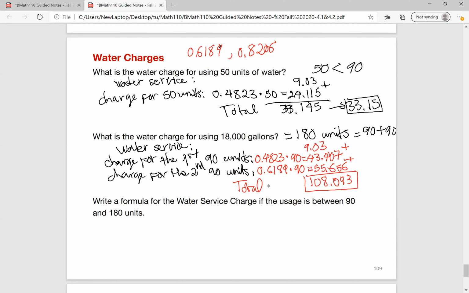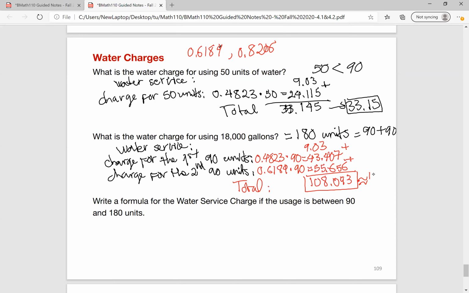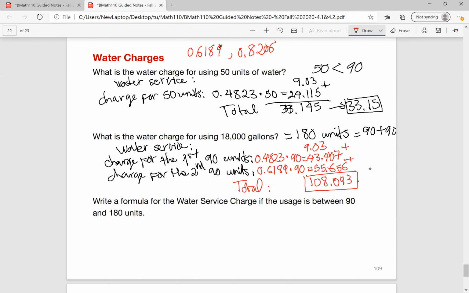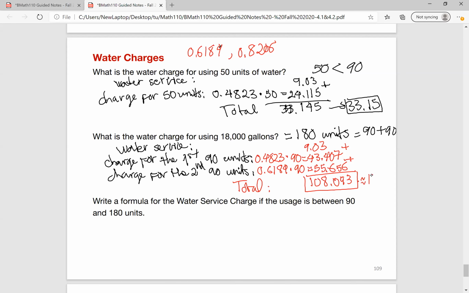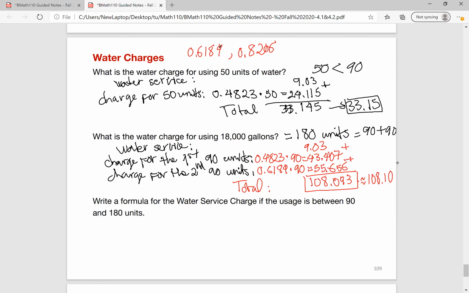So $108.10. I'm not sure if in real life they round up or round, but I'm going to say 10 cents.